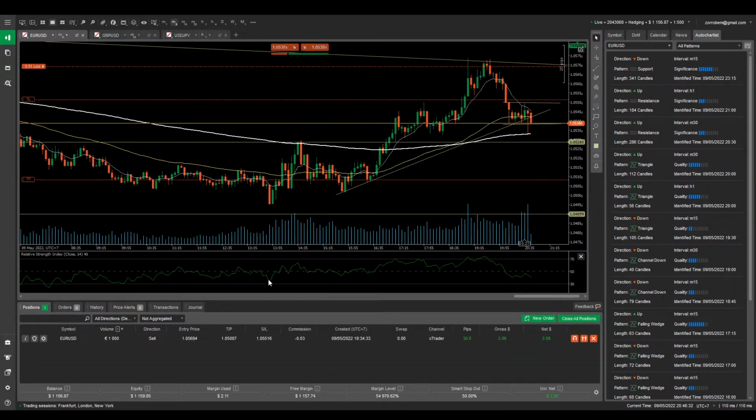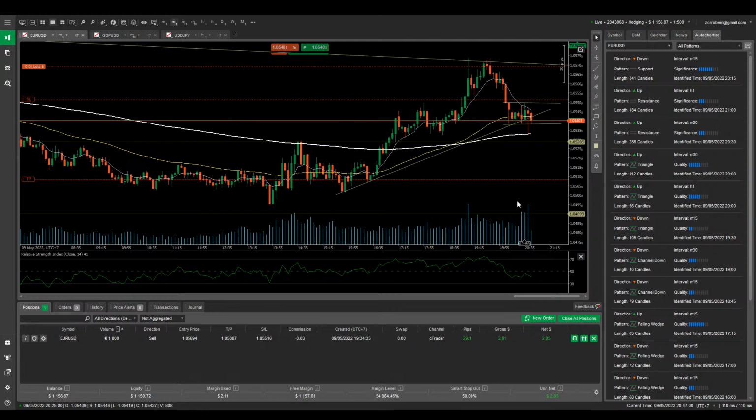So now I'm already 30 pips up. But these are floating pips. So I have a net of $2.96. This is taking the commission into account. There's a broker commission, and there's a spread.